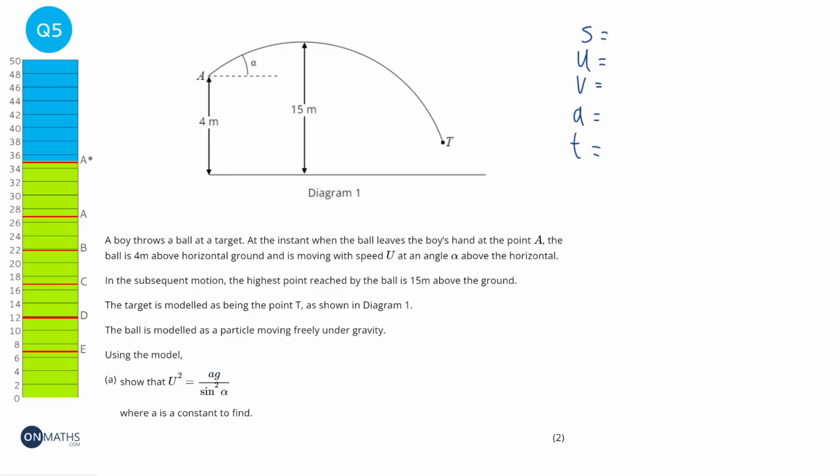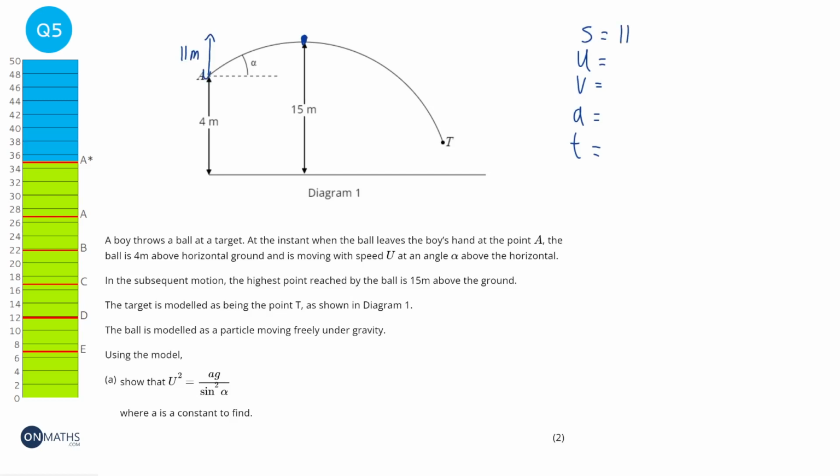We must be looking at the vertical movement, and also there's no V component, so chances are we're looking at the peak, the maximum height, and it says the maximum point is 15 meters, and it's already 4 meters up. This diagram's quite misleading, really. So that's going to be 11 meters there, which it looks like it's a lot higher up than that. So the distance it's travelled vertically is 11 meters.